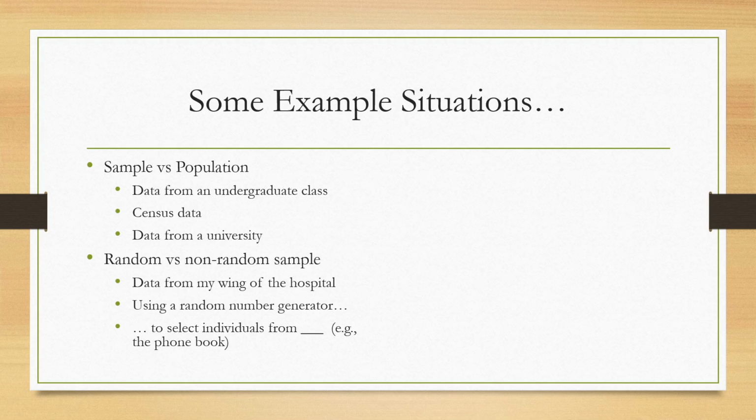On the other hand, these were some of the individuals who utilized our public health services the most, and it was very important to gather their perspective. So if I used a random number generator on a phone book, I would have a, quote, random sample as it relates to that phone book, but I would not have a random sample as it relates to the population I was trying to serve.